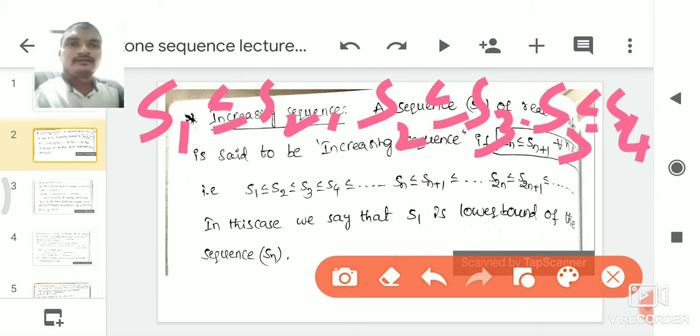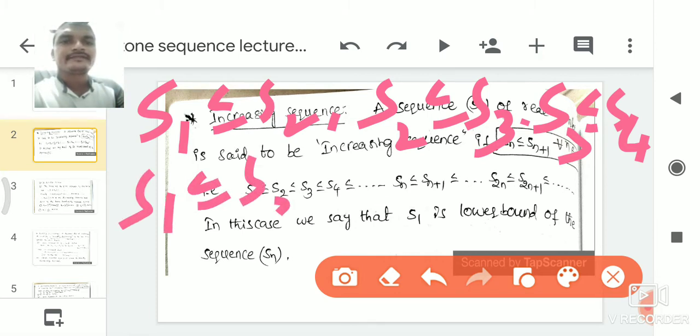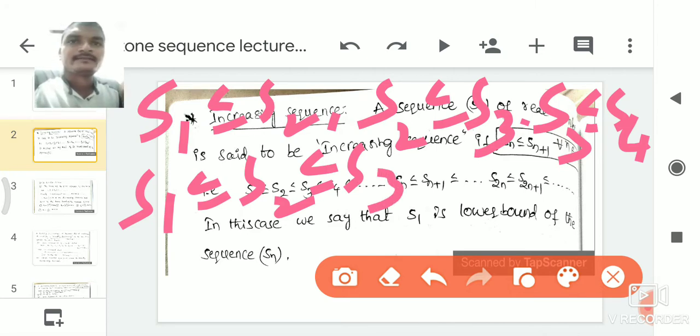We have one property: if A, B, C are three real numbers with A less than or equal to B and B less than or equal to C, then A is less than or equal to B is less than or equal to C. By using this property, we can write S1 is less than or equal to S2 is less than or equal to S3, and also S3 is less than or equal to S4.